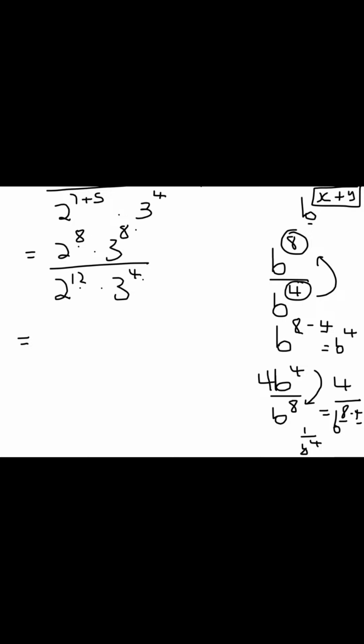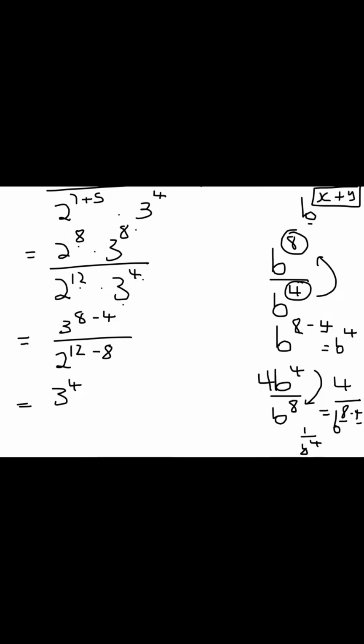In other words, it is 3 to the exponent of 8 that remains at the top, where you will need to minus that exponent of 4 from that 3. And then you will say over, it is 2 to the exponent of 12, you will need to minus that 8, because 8 is the smaller exponent. You therefore end up having 3 to the exponent of, what is 8 minus 4?